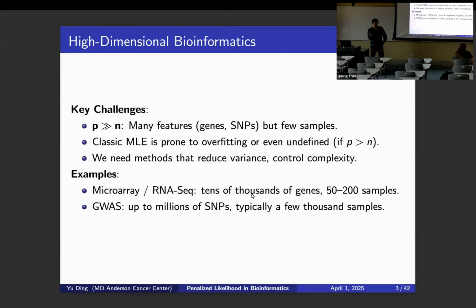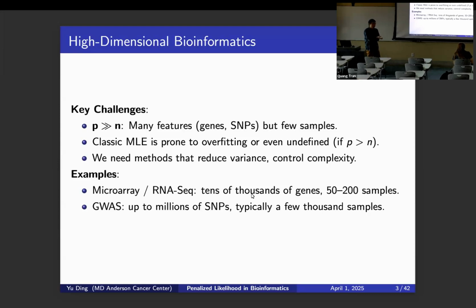This course topic is about bioinformatics, or statistical methods in bioinformatics. In a typical topic in bioinformatics, people always face such challenges that we have the number of features P much larger than the number of samples N. For example, many features, in terms of genes or single nucleotide polymorphisms, SNP, but few samples.